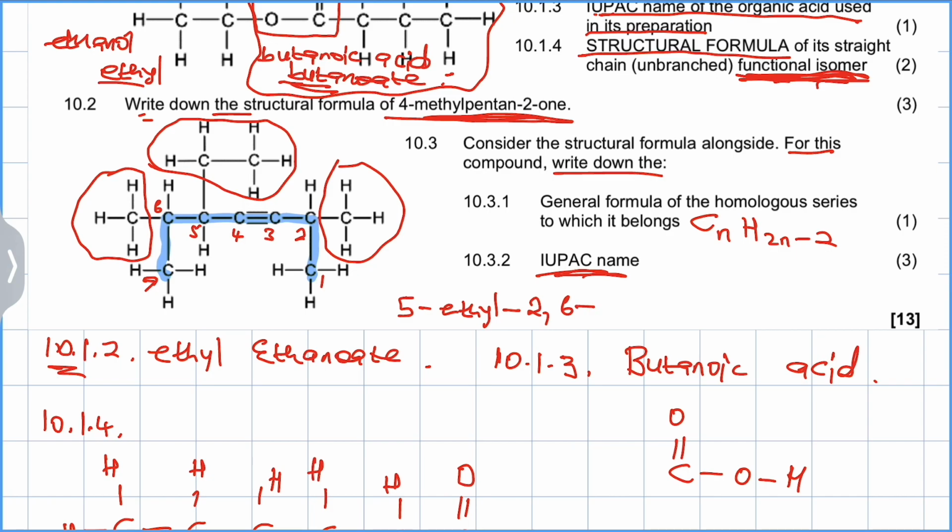Then we have 2 methyls. So we write dimethyl. Then the longest chain is how many carbons? 7 carbons. So 7 carbons will be hept. But the functional group is in carbon number 3. So it's going to be carbon number 3. And then the suffix for alkynes is -yne. So it's 5-ethyl-2,6-dimethylhept-3-yne. Okay, so that's the end of that question.